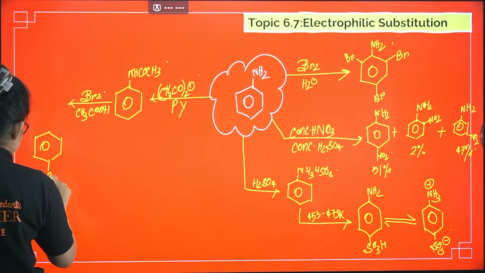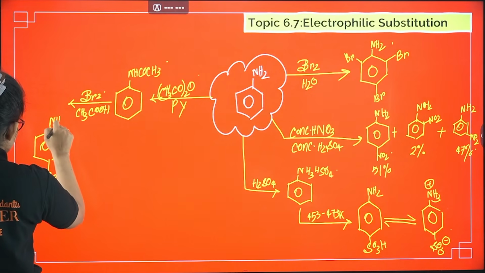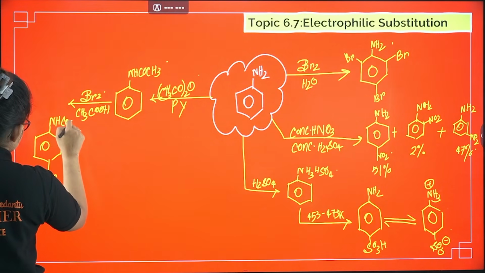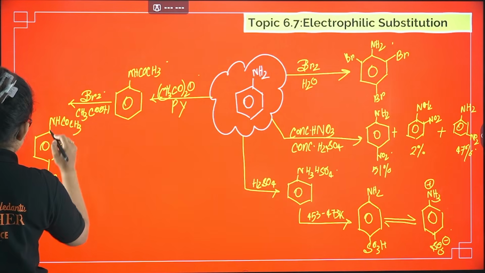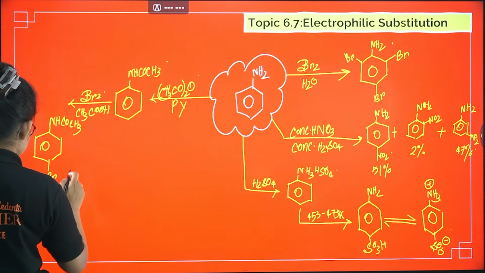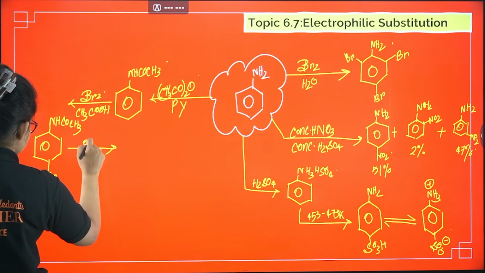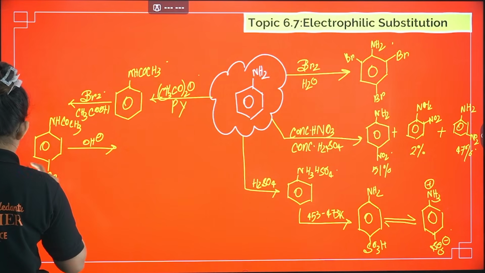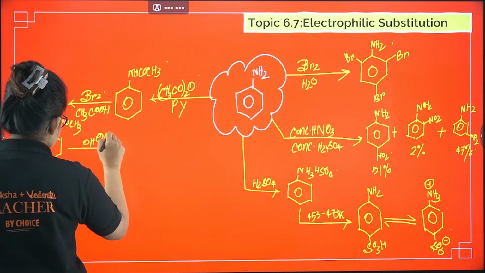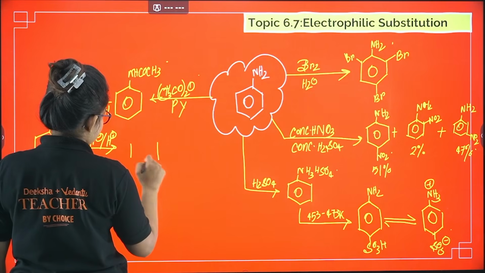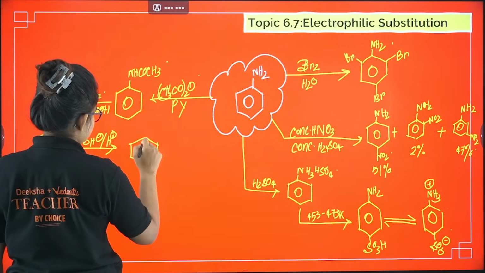So this is highly selective, that's the reason I am making it at first NHCOCH3 to block the ortho position, and only in the para position it will be substituted. Now if you give simple OH minus or H plus, this entire NHCOCH3 will be converted to normal aniline.